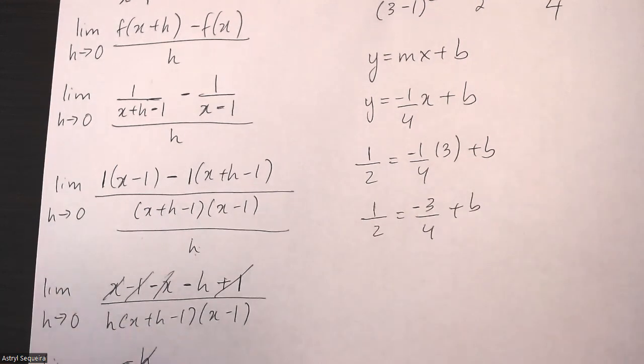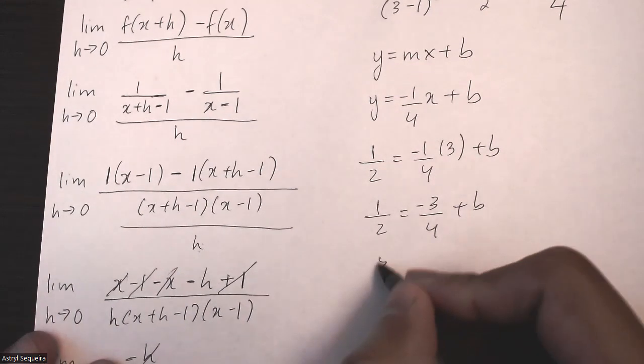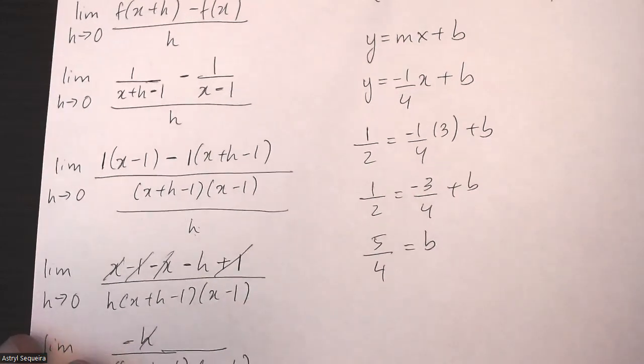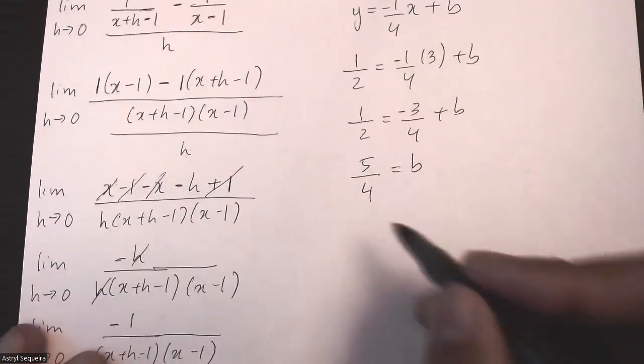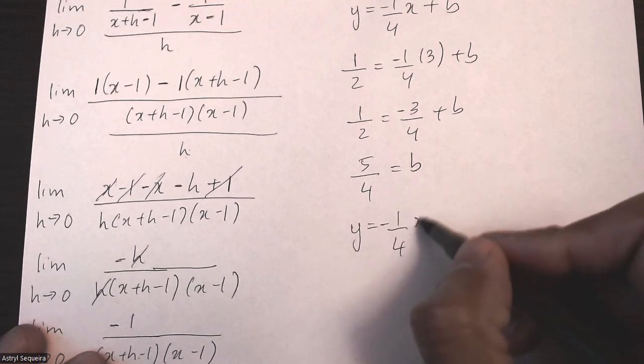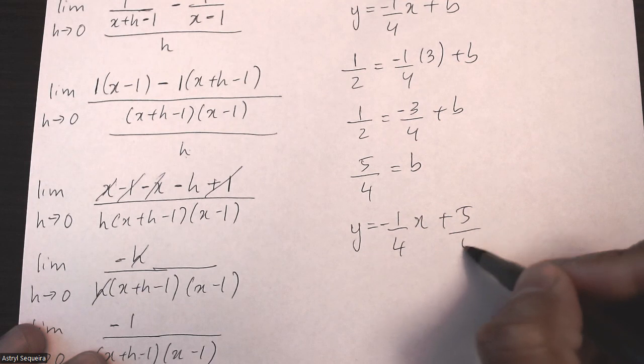And then I'll move this to the other side and add it. I'll do that in my calculator. So 1 over 2 plus 3 over 4 is just 5 over 4. If you won't allow a calculator, you just have to make a common denominator and add them. So my equation of my tangent line is y equals negative 1 over 4x plus 5 over 4.